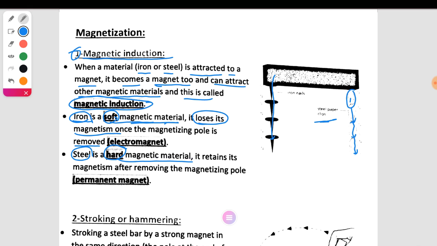There are two types of materials, iron and steel. Iron is a soft magnetic material, steel is a hard magnetic material. It retains its magnetism after removing the magnetic pole. This is called a permanent magnet, not a temporary magnet.